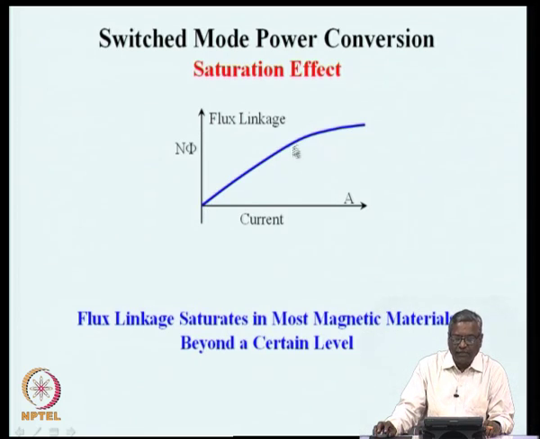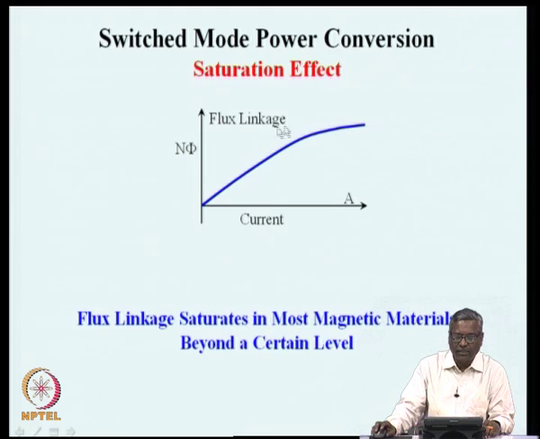Now, in real magnetic materials, as the flux linkage increases, the magnetic flux density in the material is not able to increase forever at the same rate, and it reaches what is known as a saturation level, and this effect is known as the saturation effect in any magnetic material. So, as the current is increased, the flux linkage does not linearly increase forever, but it reaches some plateau, and in most magnetic materials this saturation takes place at a certain level.